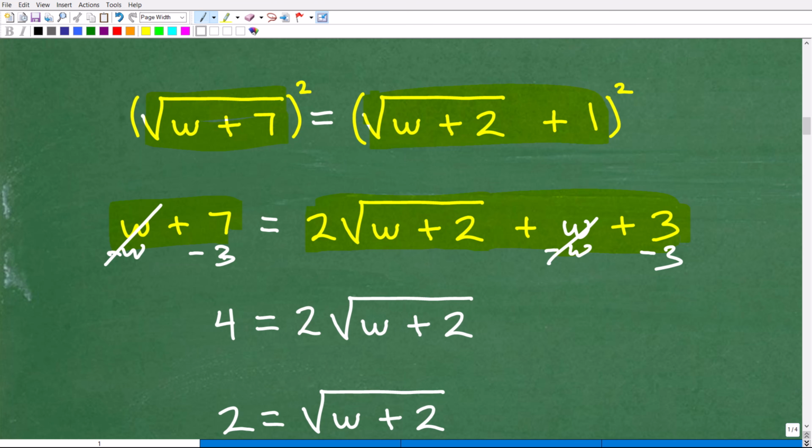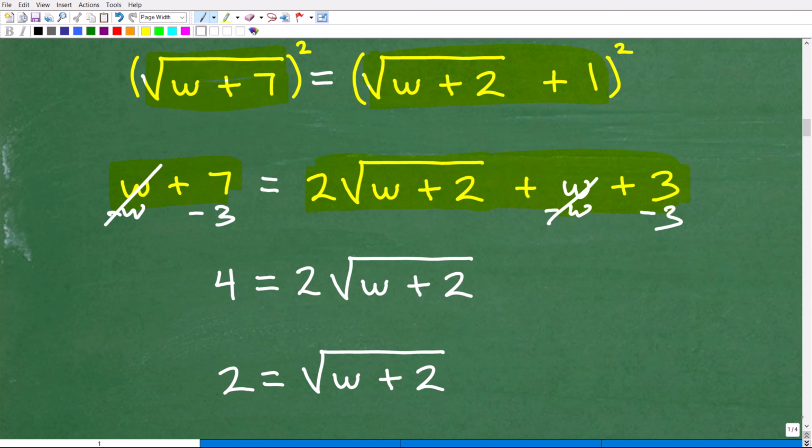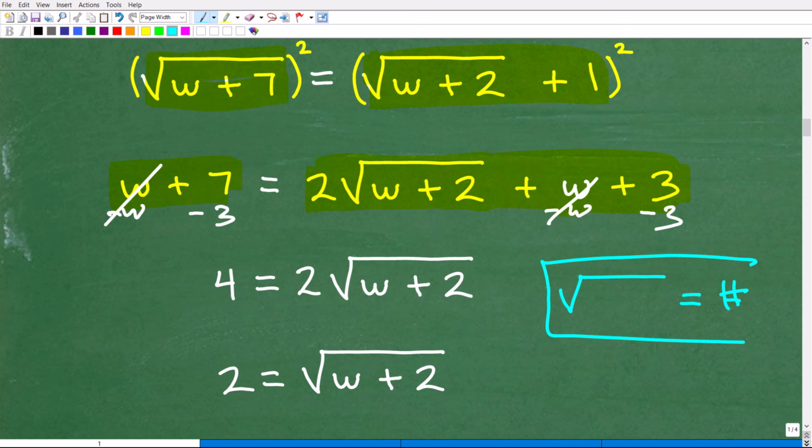Basically what you want to do is this. I think I'm going a little bit too quick. Let me just slow down here. When you're solving radical equations, what you really want to do is have your radical, your square root on one side and a number on the other side of the equation. That's the typical format, okay? And then you're going to want to square both sides, okay?